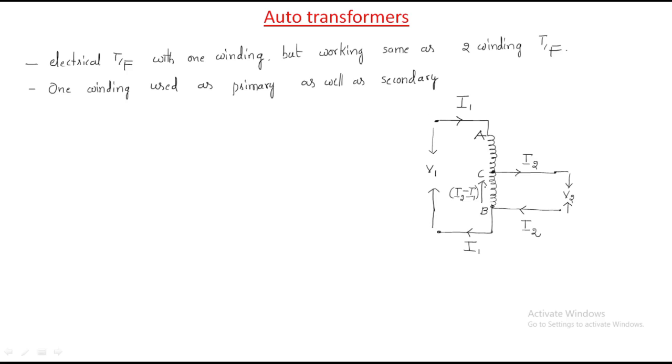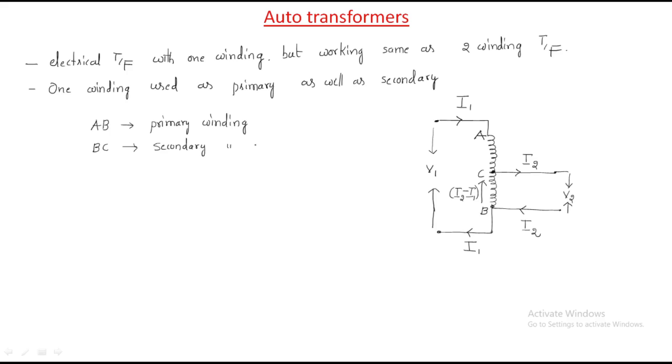Look here. This AB is the primary winding. This complete thing is the primary winding. What about BC?